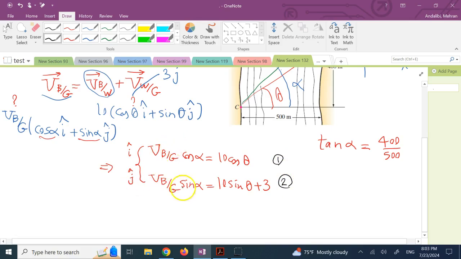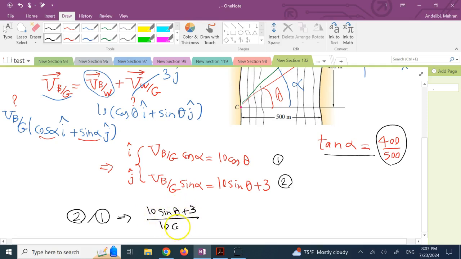So the VBGs would cancel, and then sine alpha over cosine alpha, you get tangent of alpha, for which you have a number. So here I'm going to divide 2 by 1, and that gives you that 10 sine theta plus 3 over 10 cosine theta equals 4 over 5.